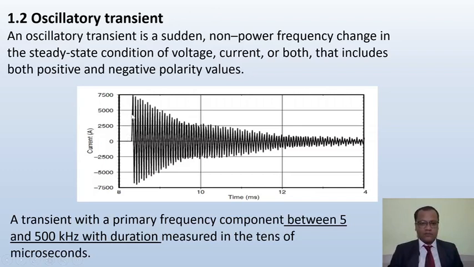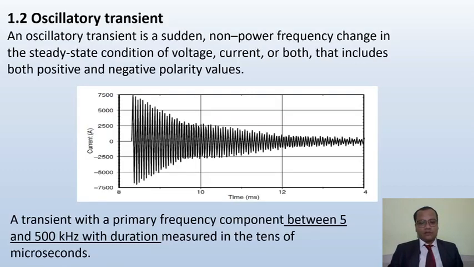You can observe in the graph that the wave shape is changing suddenly within a time period of 8 to 10 millisecond. Whatever phenomenon is occurring, it is within 2 millisecond. And if we take the example of magnitude here, the magnitude goes beyond 7500 ampere current, and it occurs due to the switching of back-to-back capacitors from the reactive power compensation.